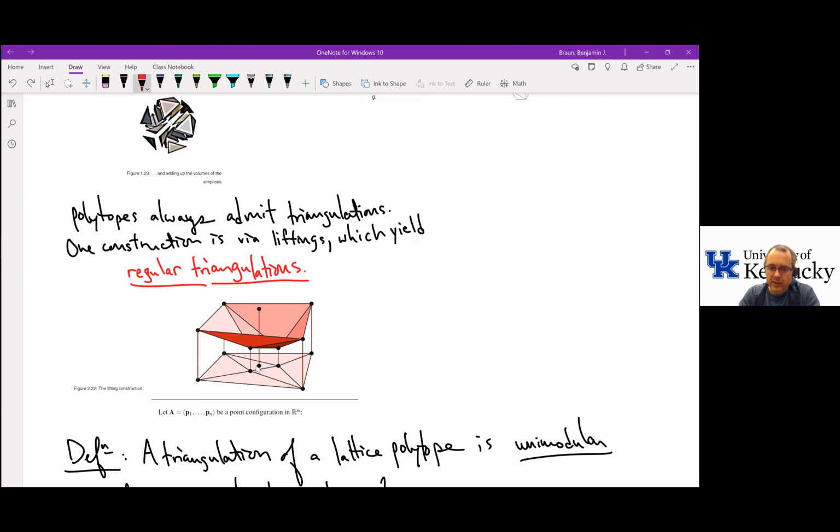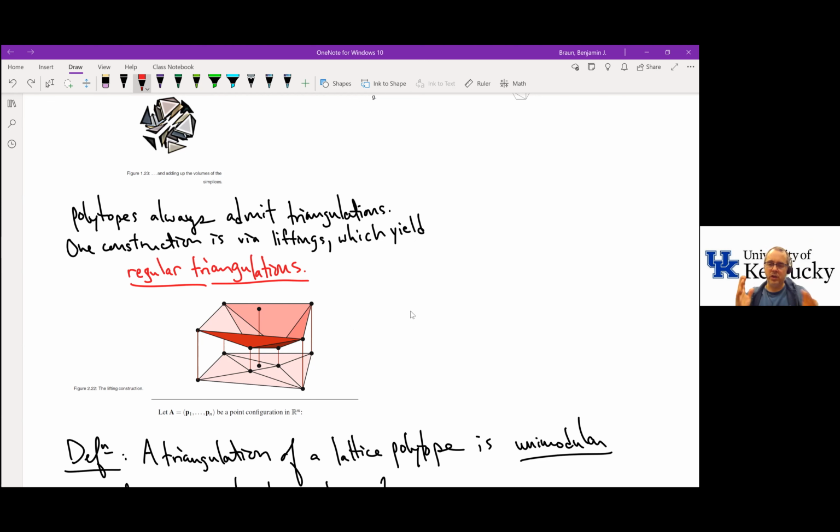And one thing to notice is this lattice point in the middle that my cursor's on was lifted much higher than the others, so it's not really involved in this lower envelope. So for this triangulation, that lattice point is not a vertex. It's not involved as the vertex of one of the triangles.